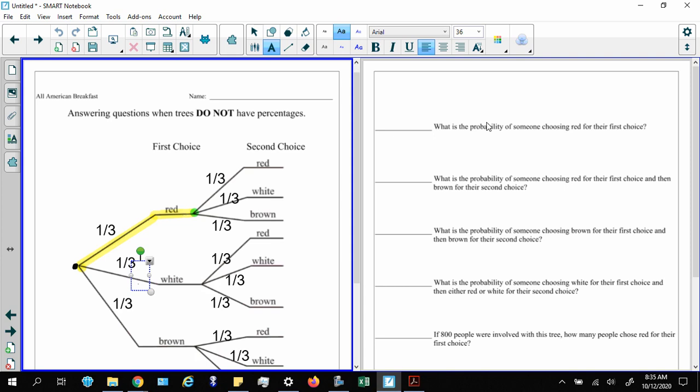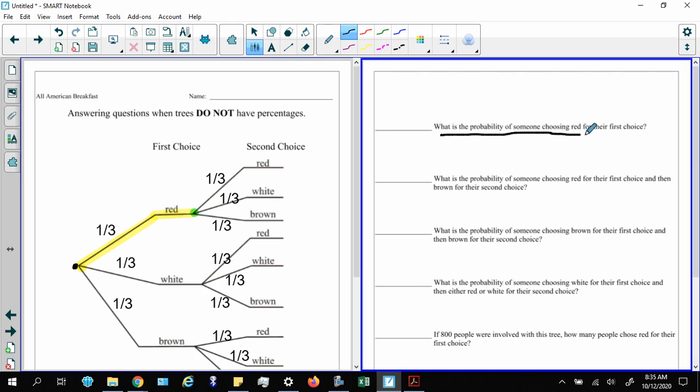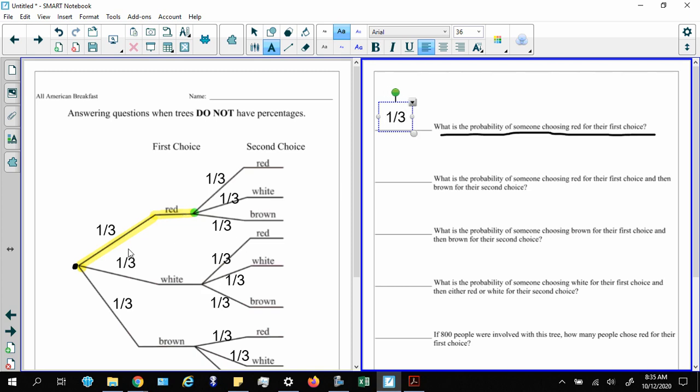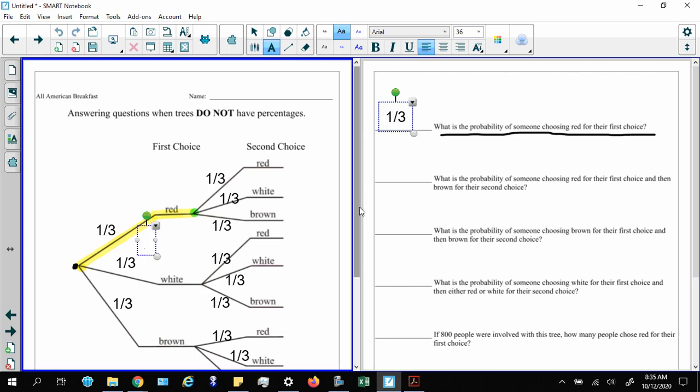Now, the question at the very top says, what is the probability of someone choosing red for their first choice? It actually just happened to be highlighted. So choosing red, as you can see, this branch is highlighted red. The probability of someone choosing red would be a 1 out of 3 situation. So here you're not using the entire tree, you're using only one decision inside the tree.